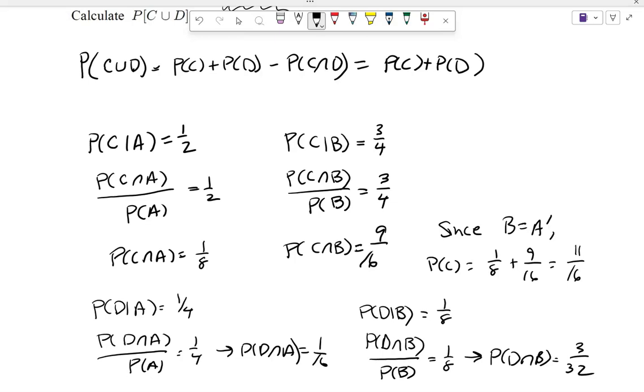So again, they give you probability of D given B. Use our conditional probability formula to rewrite that conditional probability. Probability of B again was 3/4, so I multiply by the other side, we should get 3/32. Assuming I've done my arithmetic correctly.